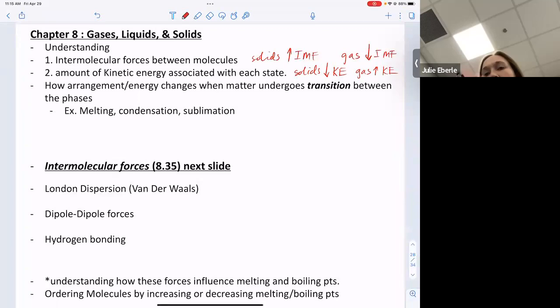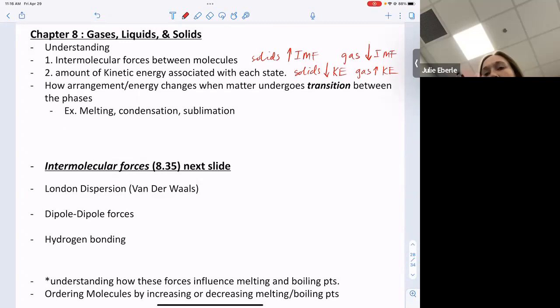And then we said, okay, how arrangement energy changes when matter undergoes transition between the phases. For example, we had a diagram in chapter 8, the very first slide after my hiking pictures, that had changes between solid, liquid, and gas: melting, freezing, thawing, condensing.